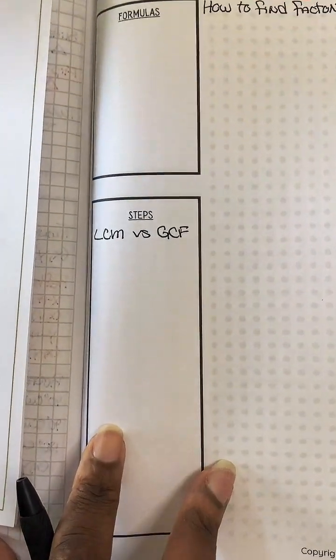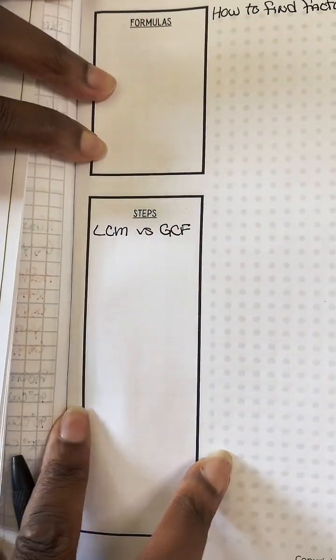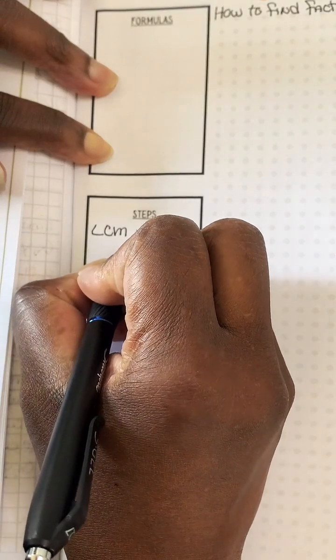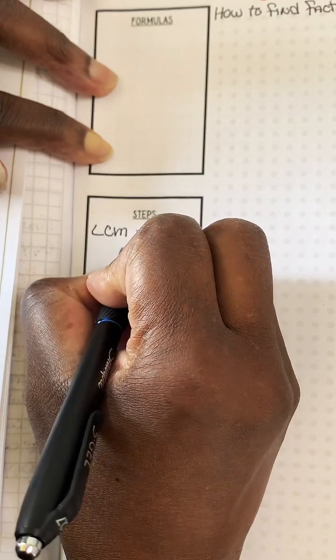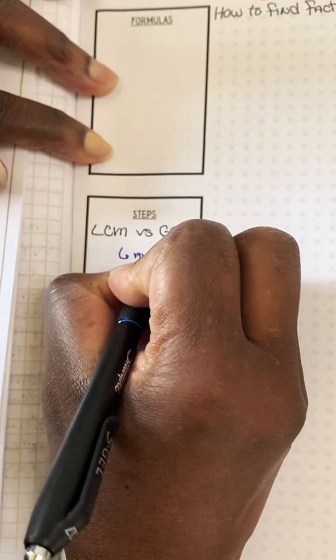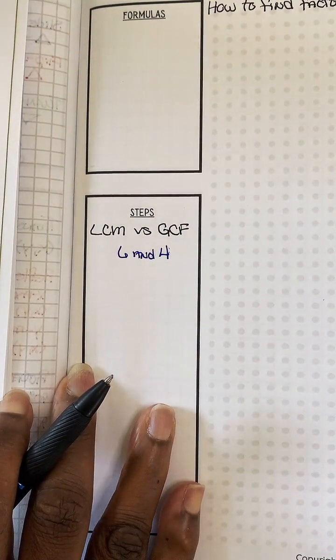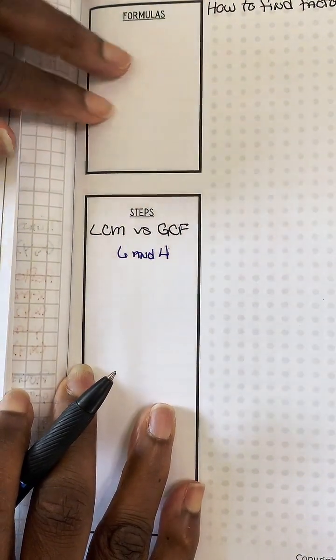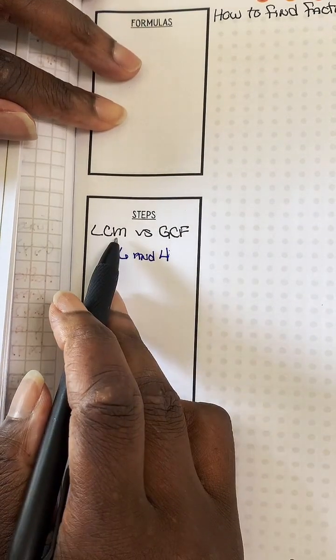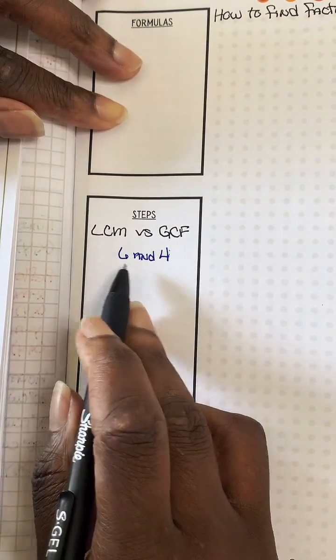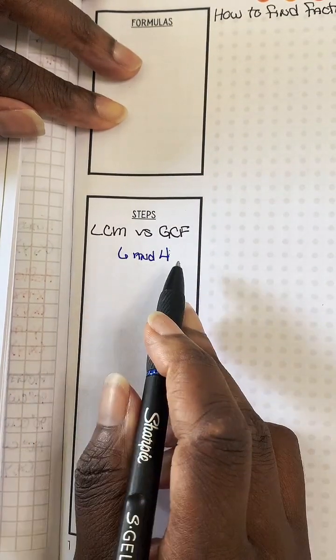Now, if I wanted to find the LCM, let's say I'm looking for numbers like 6 and 4. So if I'm looking for the LCM for the 6 and 4, I'm looking at M, meaning multiples. So I'm looking for the multiplication of the 6s and the 4s.